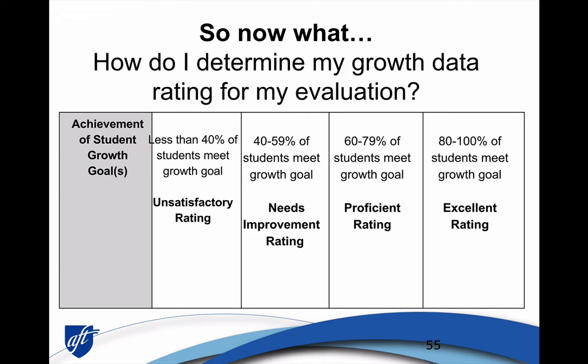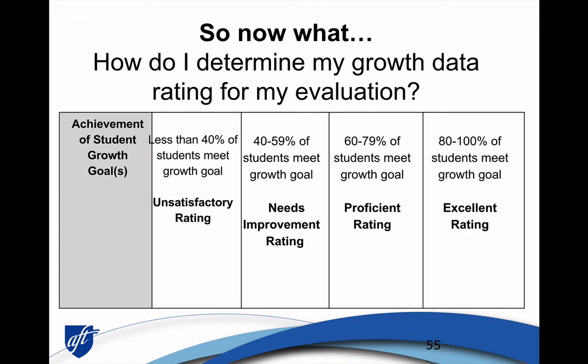When looking at the data and determining your rating based on the data, this is the percentage of students needing to meet their growth goals set by the educator to rate a specific level of performance. In other words, if 80 to 100% of the students in your population meet their growth goal, you would receive an excellent rating for that particular growth goal.